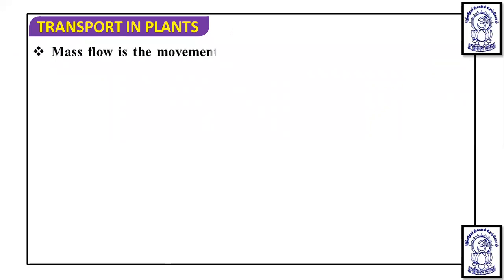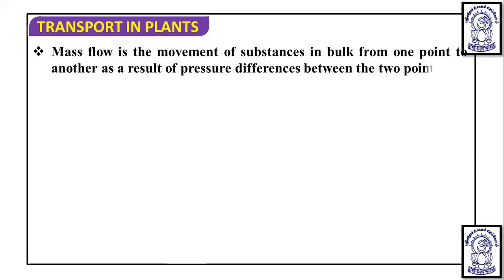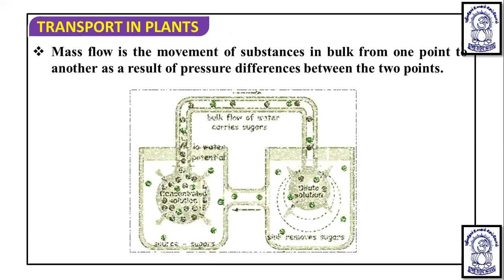Okay, so mass flow is the movement of substance in bulk. In bulk, a movement is occurring from one point to another as a result of a pressure difference between the two points. If two points have a pressure difference, then mass flow happens.